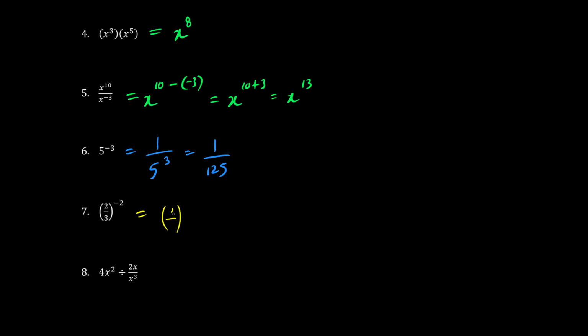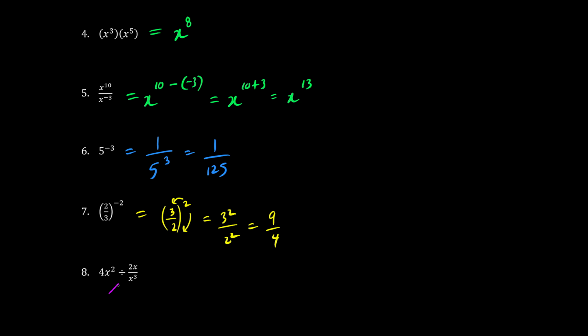We have 3 over 2 to the positive version of this negative exponent, which is 2. And now we use exponent rules. We spread the love to the top and to the bottom. We square the top, 3 squared over 2 squared, which is 9 over 4.